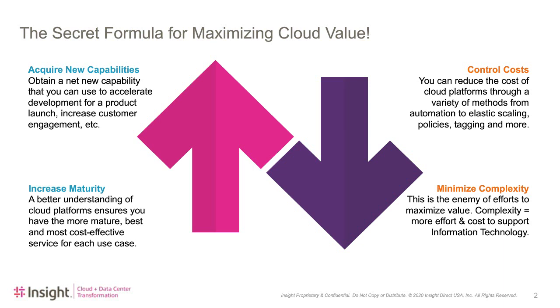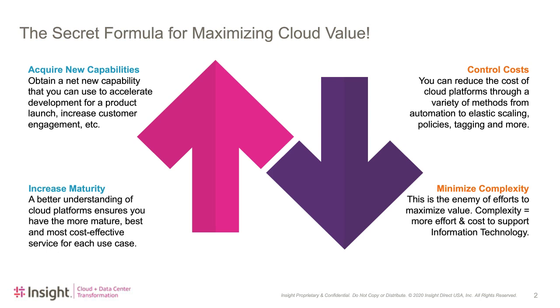So here's the secret formula. I'm going to give it to you right at the beginning for how you maximize your cloud value. It's a combination of increasing your capability. So that's net new functionality that you can provide, increasing customer engagement, designing new products faster, anything that lets you accelerate your business.